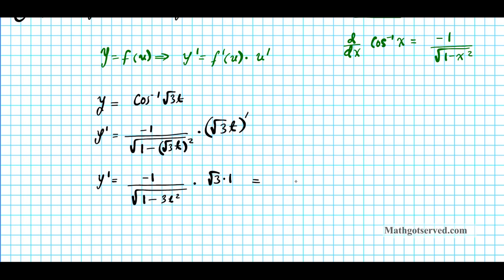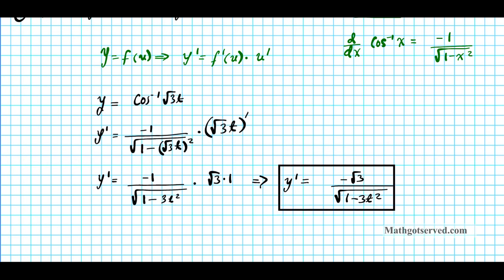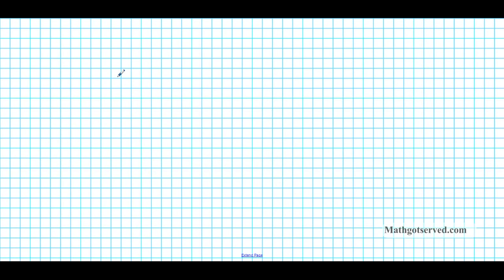And then our final answer, y prime, is going to be negative root 3 divided by the square root of 1 minus 3t squared. All right, so there goes your final answer for the derivative of the inverse cosine of root 3 times t. All right, let's take a look at question number 2.